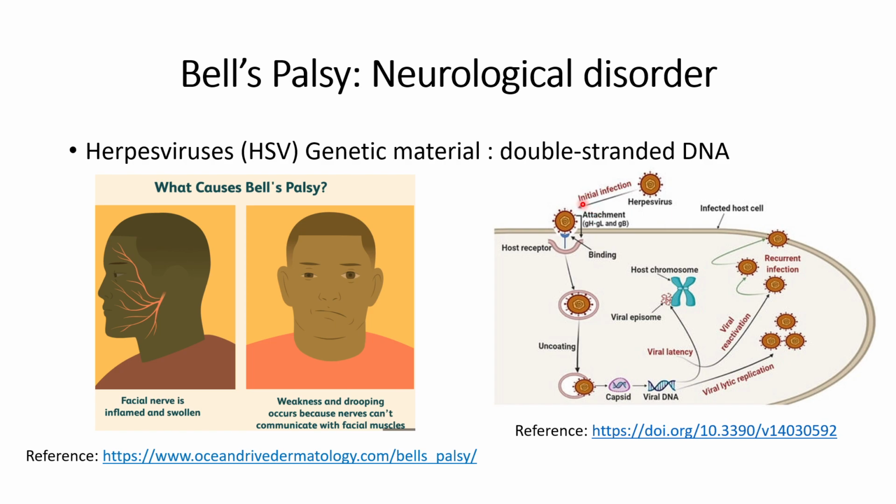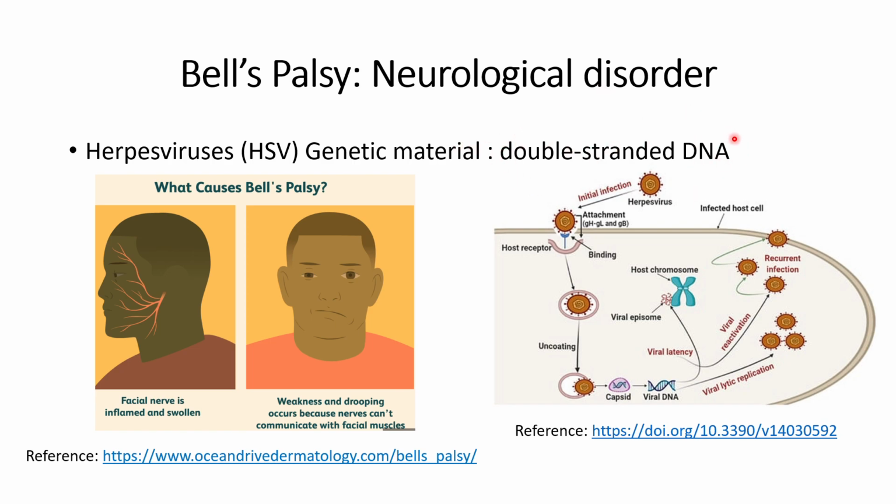In this case, the difference from other viruses is the receptors. In herpes virus, the receptors are GH, GL and GB, whereas different viruses have different kinds of receptors. Another difference in this herpes virus is its genetic material.